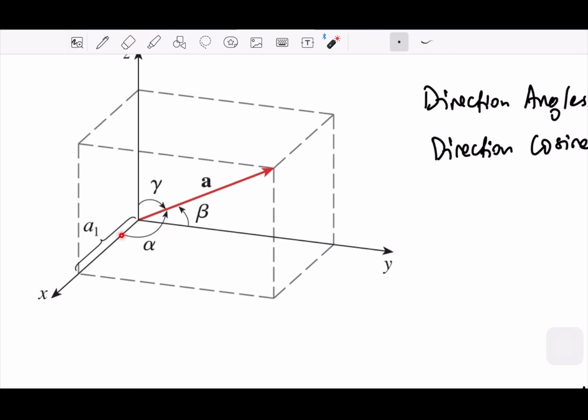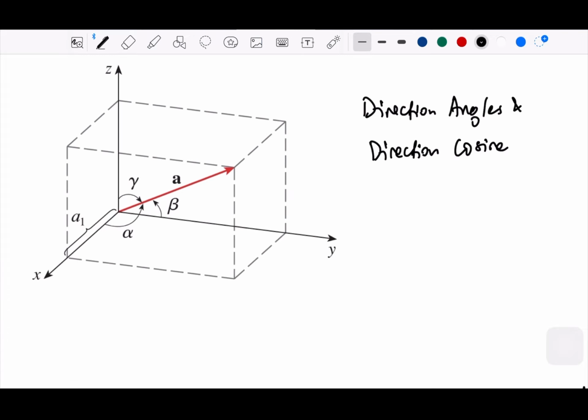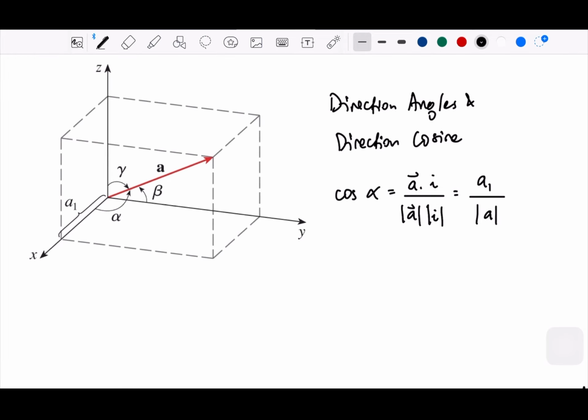If we change this a1 into the basis vector i, because it is on the x-axis, then cosine alpha becomes a dot i over magnitude of a and magnitude of i, which is going to be a1 over magnitude a. The vector a multiplied with the basis vector i becomes a1.